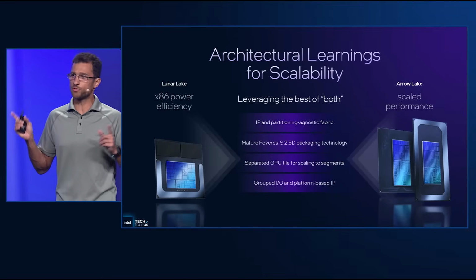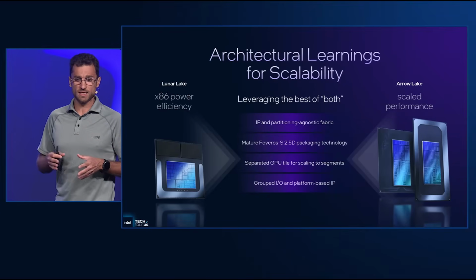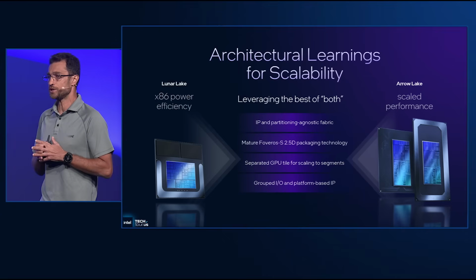Let's learn about the architectural flexibility. Panther Lake builds on the architectural strength of both Lunar Lake and Arrow Lake previous processors. We inherit Lunar Lake's x86 power efficiency and leverage performance scaling from Arrow Lake.